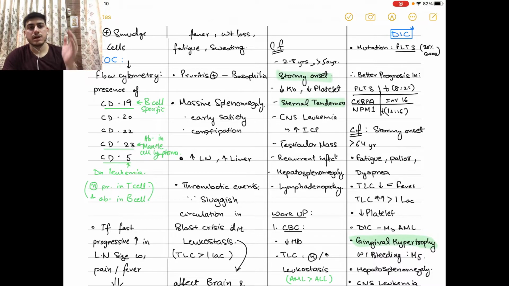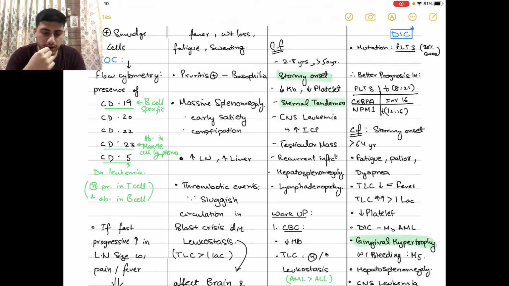So now CLL will be CD marker positive for CD19, 20, 22, 23 and CD5. Now let us go through them. CD19 is B cell specific, like you won't find this CD marker in any other cell. So if CD19 is positive, we are pretty much sure it's a B cell found in this biopsy.